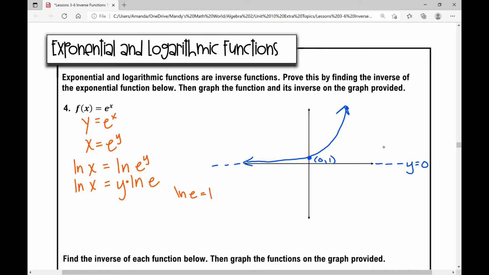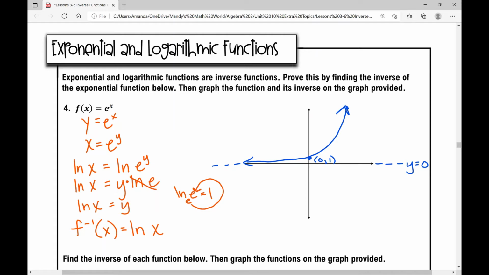When I have a natural log, I have a base of e. e to the power of 1 is e. Remember, the log is the exponent. So that's basically y times 1. So y equals the natural log of x, and I'm going to rewrite this in function notation. f inverse of x equals the natural log of x.